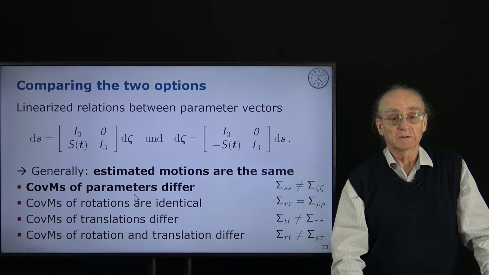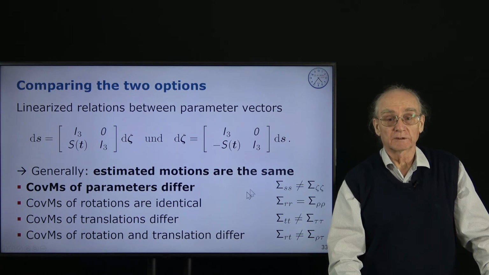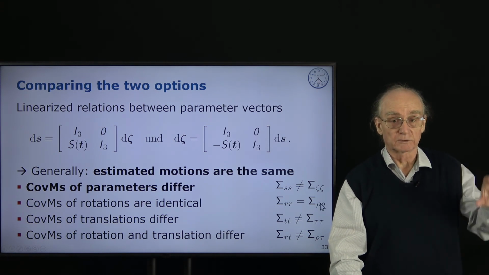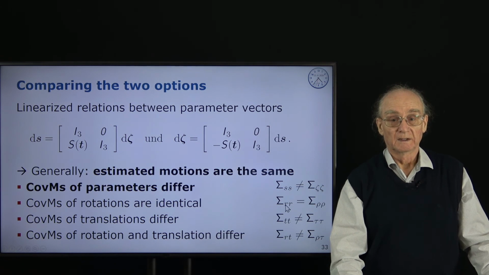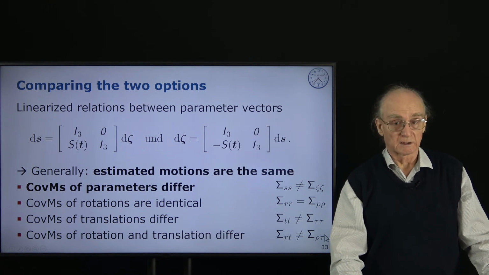That means, in general, though the estimated motions are the same, their parameters, their covariance matrix, turns out to be different. So the covariance matrix of the parameters S and those of the parameters zeta are not the same. What is clear, because we see here a unit matrix, the rotation part, the two rotation parts, that means the corresponding 3 by 3 submatrices of the covariance matrix are the same. But the translation parts are not the same. And also the covariance between the rotation and the translation are not the same.